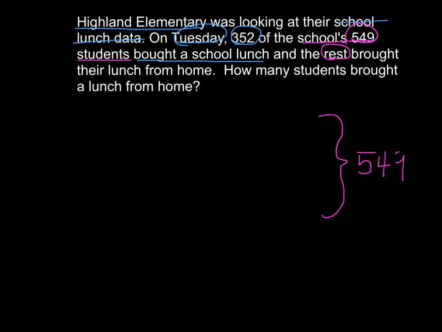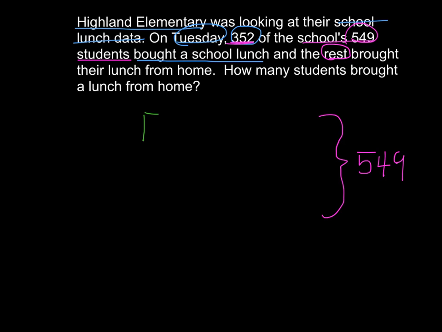And I know I'm going to have a bar for students who bought school lunch and who brought a home lunch. So I know that 352 is the number that bought a school lunch. That's a pretty large amount. That tells me that more students bought school lunch than brought their lunch from home. So my bar for school lunch needs to be larger than my bar for home lunch.